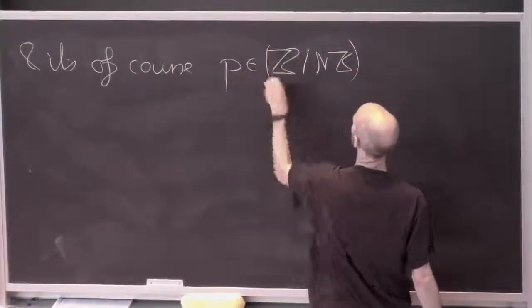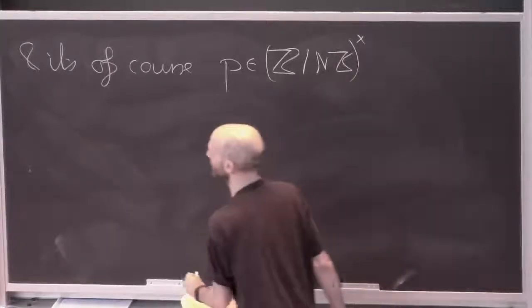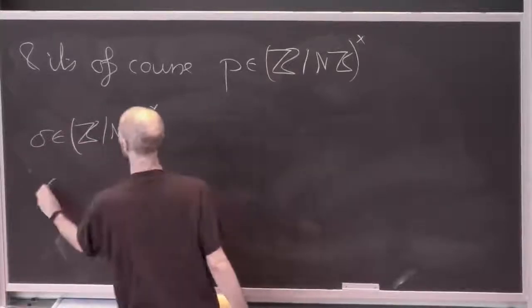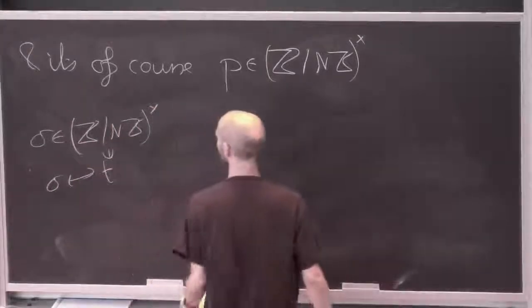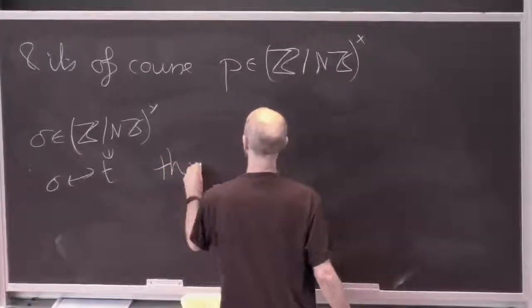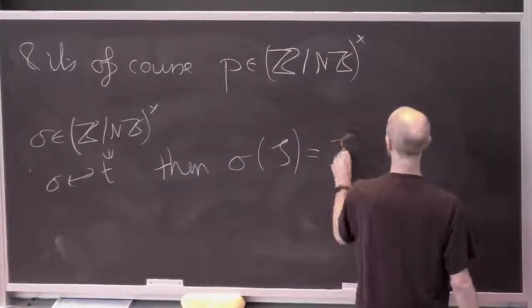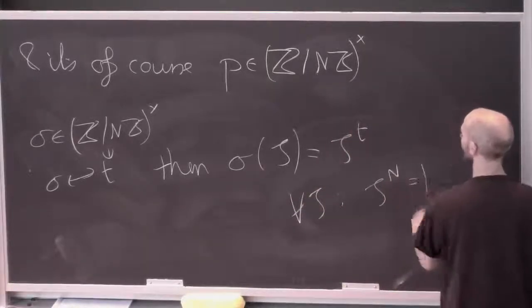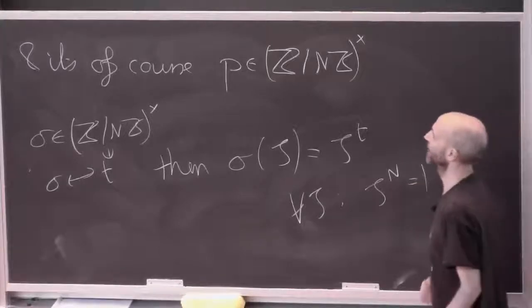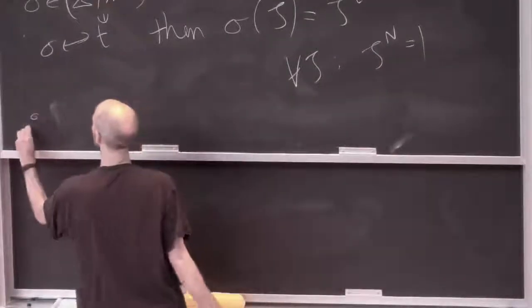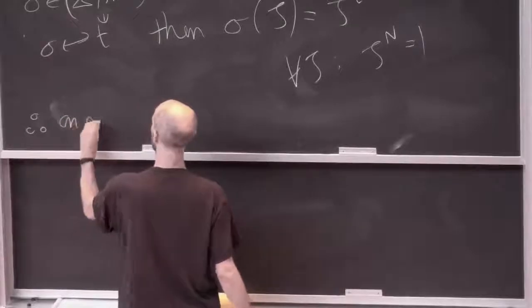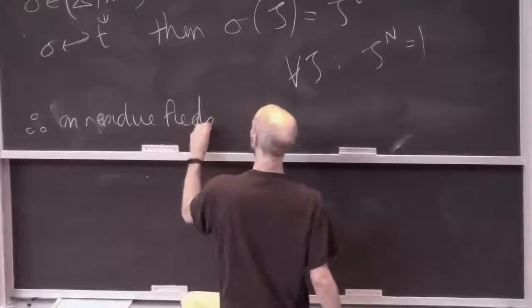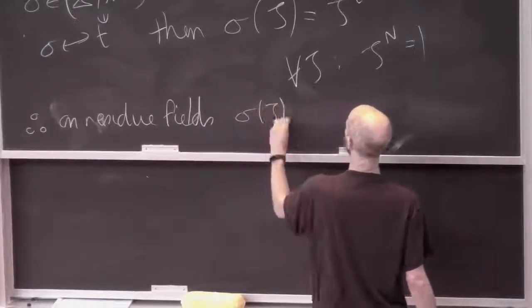How can you tell this? Because remember, what does it mean if sigma is in (Z/nZ)*? If sigma corresponds to t in here, then by definition sigma of zeta equals zeta to the power t, for all zeta such that zeta to the power n is 1. So therefore, on residue fields, sigma of zeta will be zeta to the t as well.